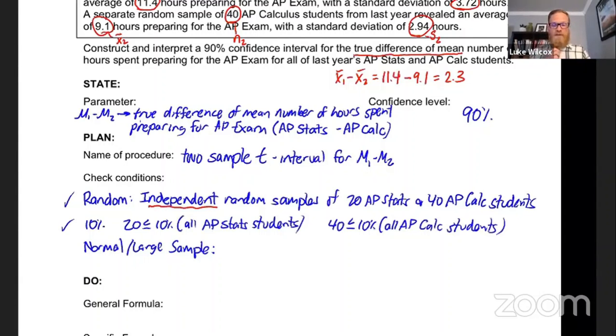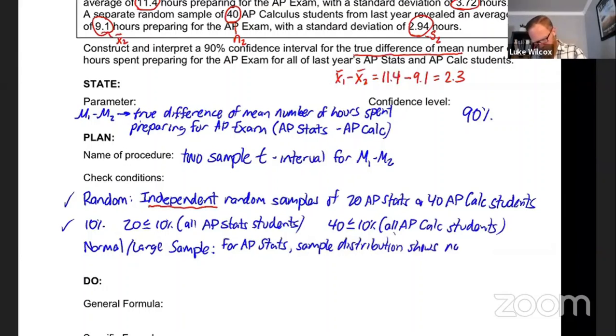Now for the normal large sample, we have to check it for each sampling distribution here. We already did it for AP Stats. So I'm just going to write down what we had on the previous page, which was to say that the sample distribution, that dot plot that we had on the previous page, had no strong skew or outliers. Now for AP Calc, we have a much bigger sample size here of 40, which is beyond our value of 30, right?